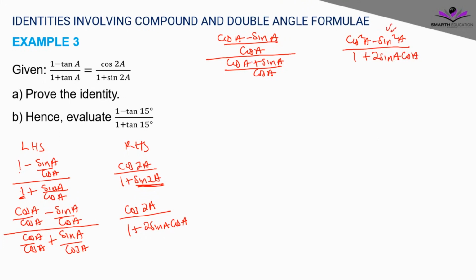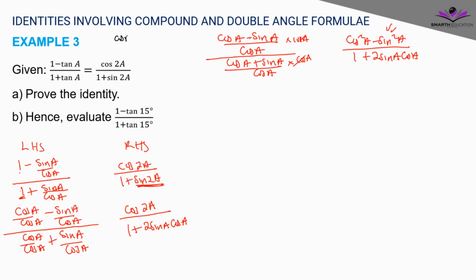Right, this one we can multiply the numerator and the denominator by cos a. If you multiply this one by cos a, then multiply this one by cos a, this will cancel, remain with (cos a minus sin a) over (cos a plus sin a). Or you can do it another way. Remember, let me do it by the side.